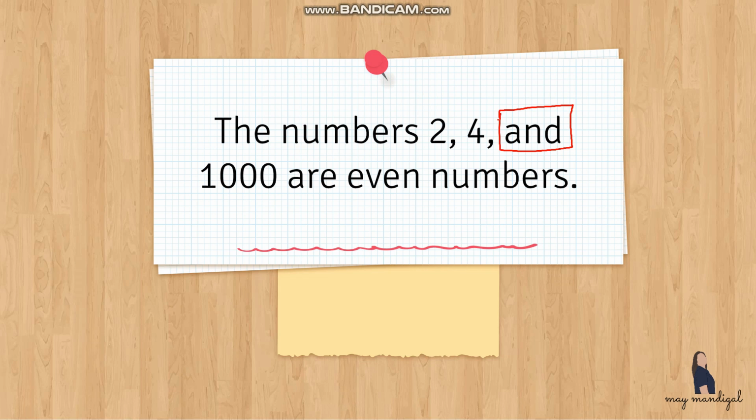Let's read again: the numbers 2, 4, and 1000 are even numbers. If we separate the two, the numbers 2, 4, is not a complete thought. 1000 are even numbers is also not a complete thought. So this sentence conveys one single thought, which is the numbers 2, 4, and 1000 are even numbers. And the and here is just used to connect the subjects, not to connect two simple propositions.